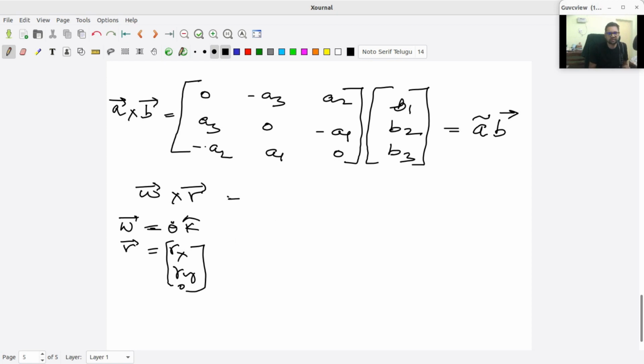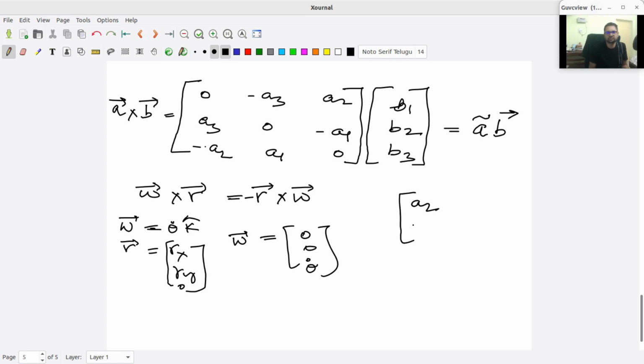Write this as minus r cross omega, where the b vector will be 0, 0, theta dot. So in these cases we will have simply a2, minus a1, 0 and b3. This will be the form which we will be using.